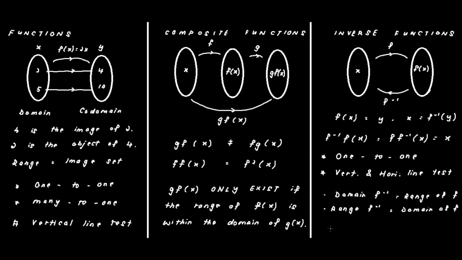So one last thing is that the graph of f(x) and f inverse of x is the reflection on the line y equals x.